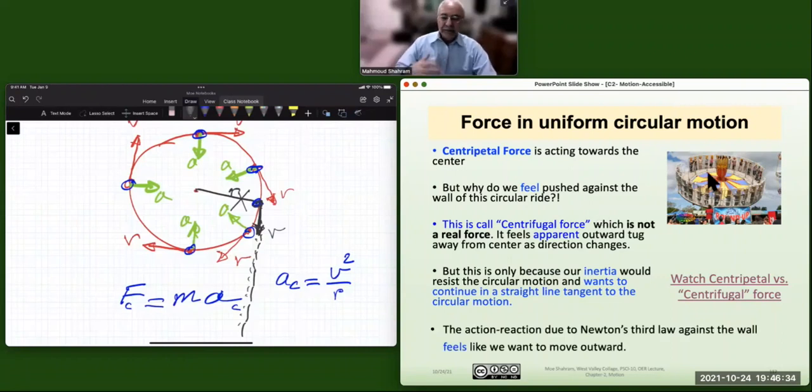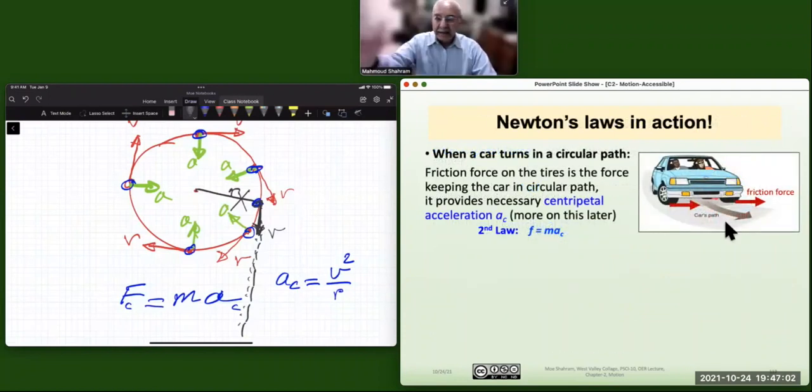When you feel forced against the wall, the reaction of your body against that wall is just the support force that you feel. And that same thing happens when you're in your car. Suppose you're going on the highway, and now you have to turn into an exit, a semicircle exit.